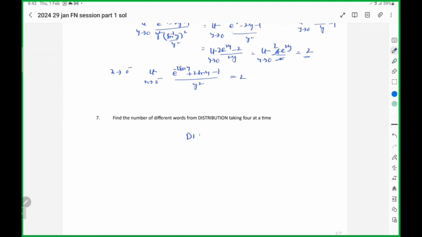Number of words from DISTRIBUTION. First let us collect the distinct letters: D, I, S, T, R, B, U, N. I is repeated 3 times, T repeated 2 times.